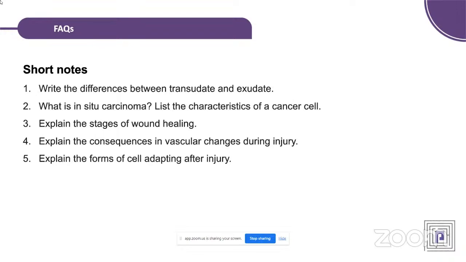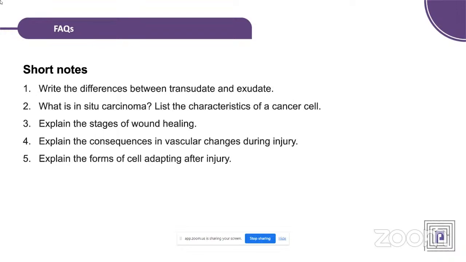So, what are the consequences of vascular changes during an injury? What are the vascular changes when inflammation or injury occurs?